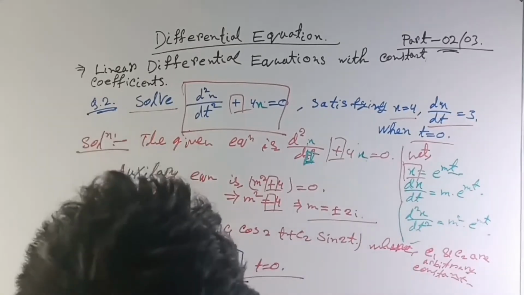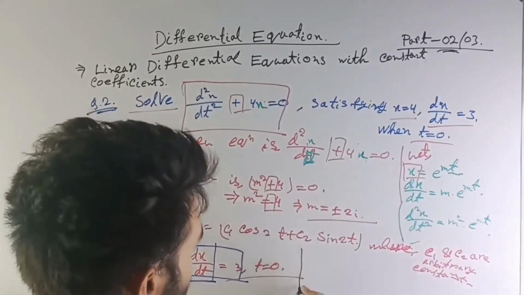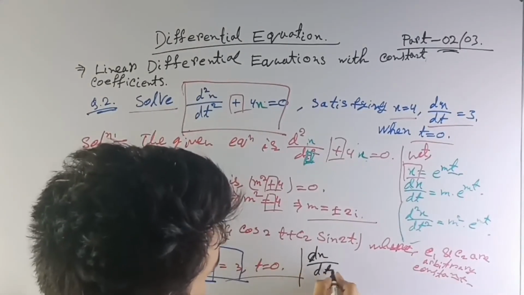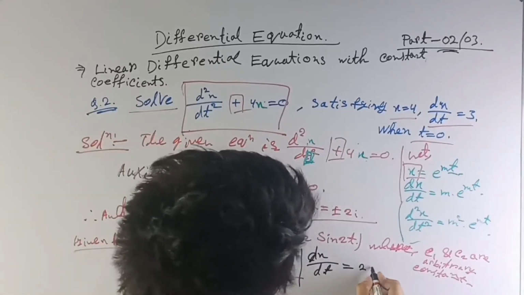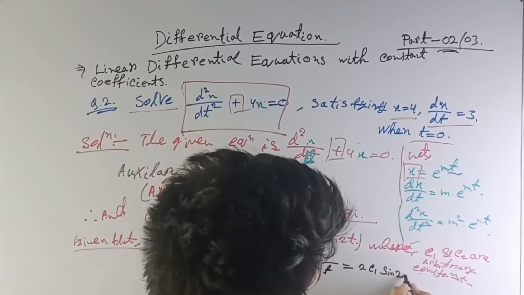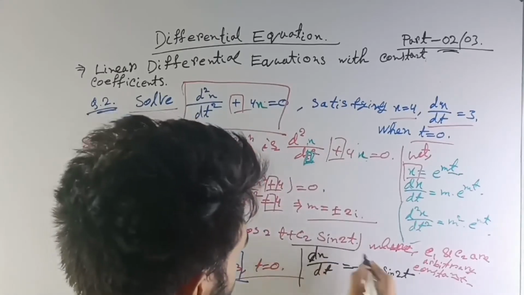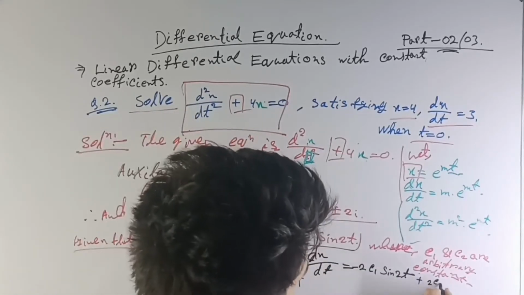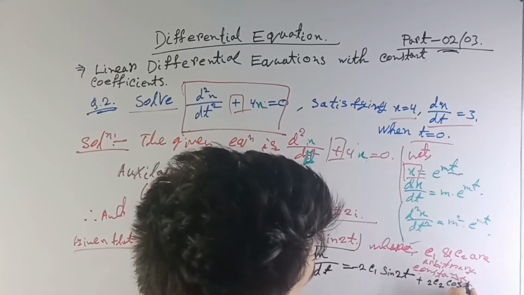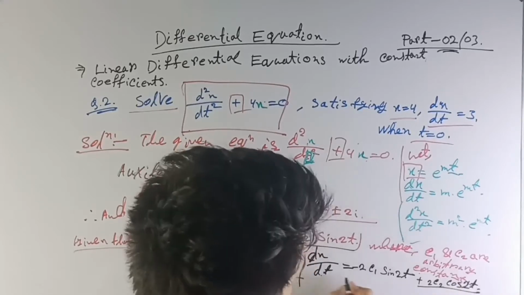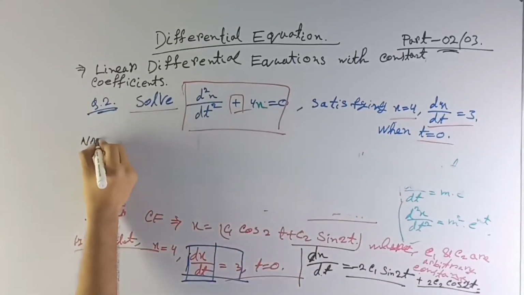The given conditions are x = 4, dx/dt = 3 at t = 0. So dx/dt = -2c1 sin 2t + 2c2 cos 2t, that's dx/dt.